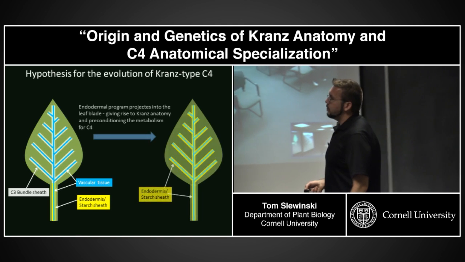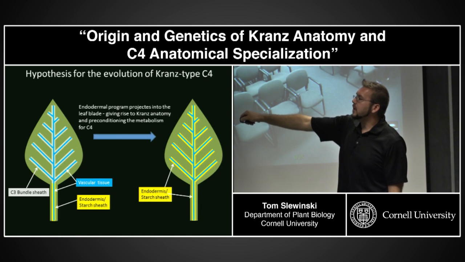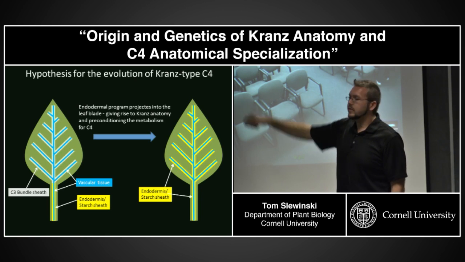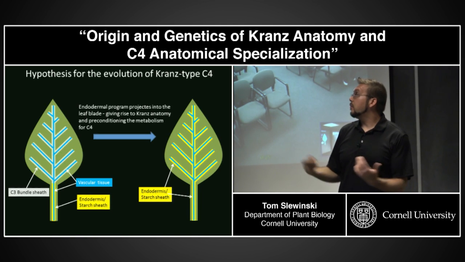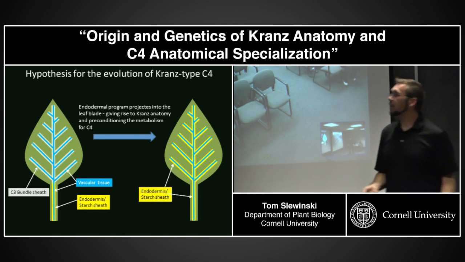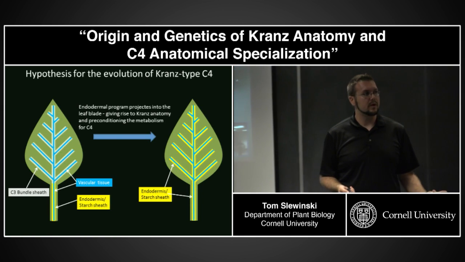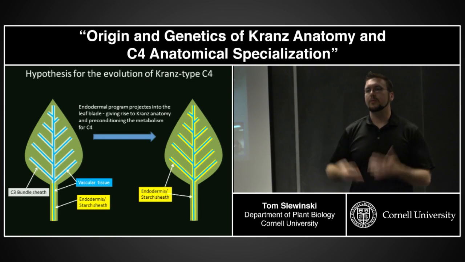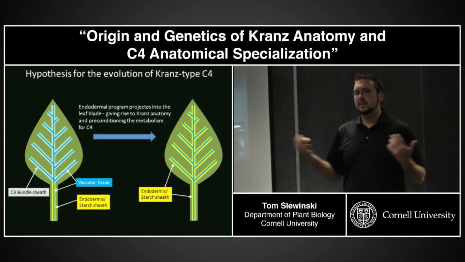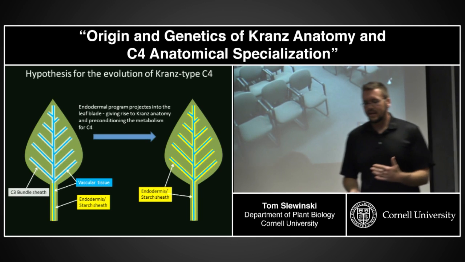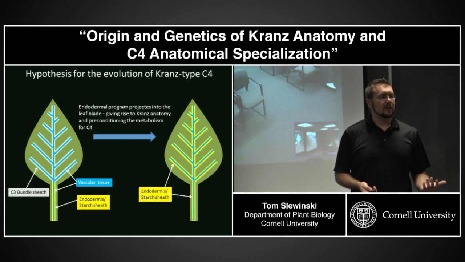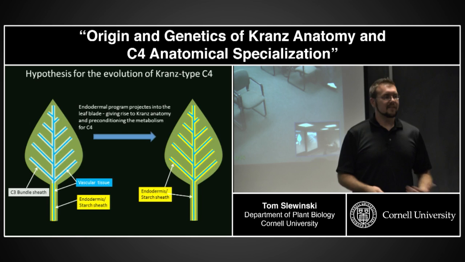But with C4, all that's happening is that the endodermal program, which is normally repressed, just escapes repression and gets projected out into the leaf blade. It sets up Kranz anatomy and preconditions the metabolism for C4. It's a simple change that leads to all that complexity that we've seen associated with C4. And this may be why it can be reconciled with Darwinian evolution again, because it is a small change. And it can happen in any of the plant species.